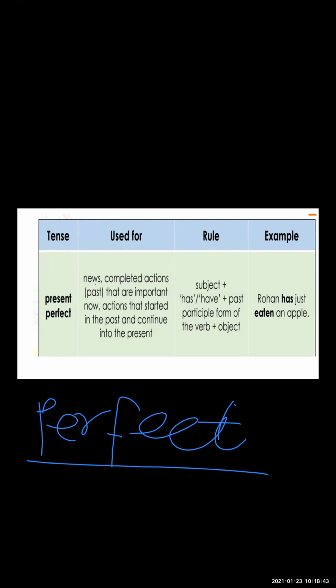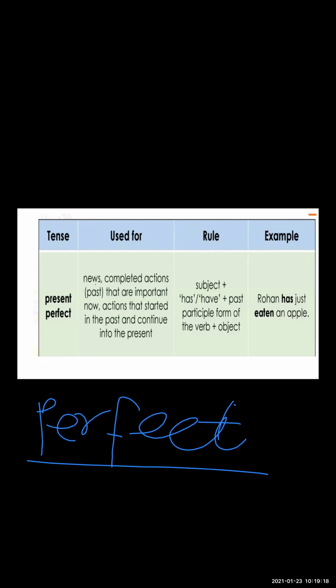What is the perfect tense about? In the perfect tense, we are talking about past actions, but they are important in the present situation. So in this, you select the subject, then you add has or have.